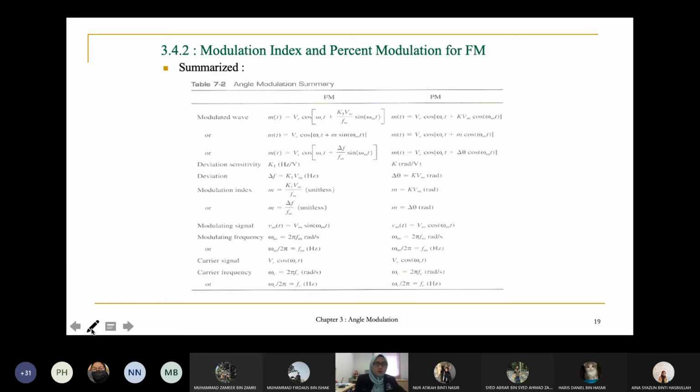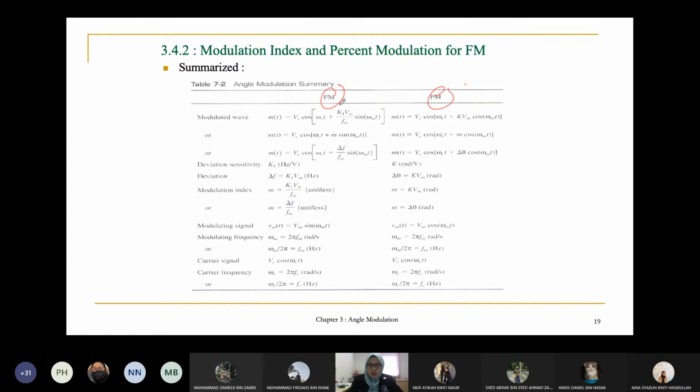Okay, so Table 7.2 here is the summary of the equations that we have in chapter 3. This table usually will be given in your final exam, so basically you don't need to remember this one. This table will be given in the final exam for angle modulation. This one is for phase modulation.